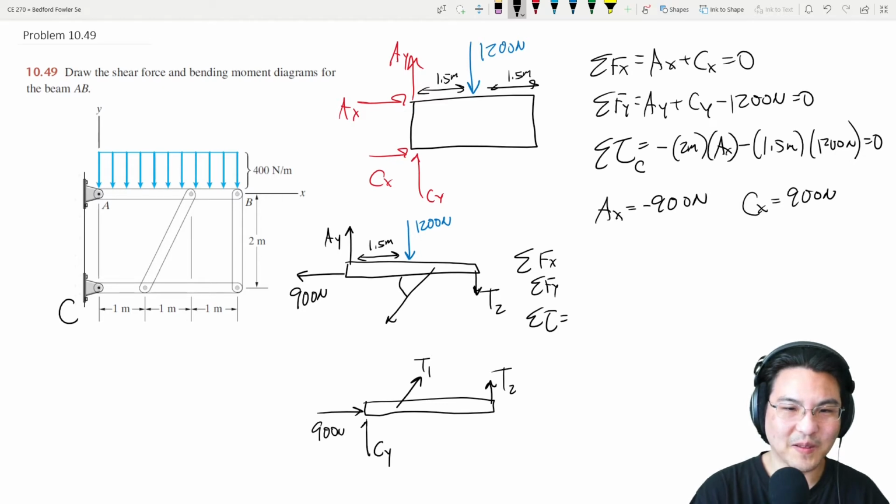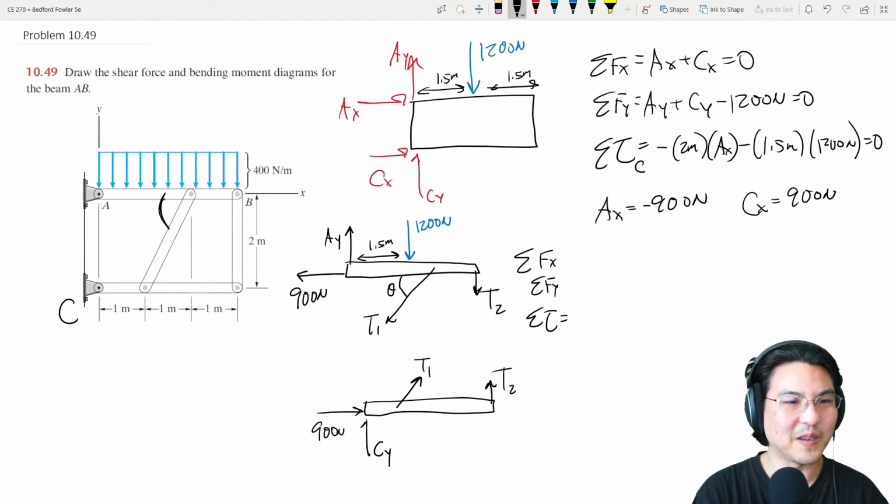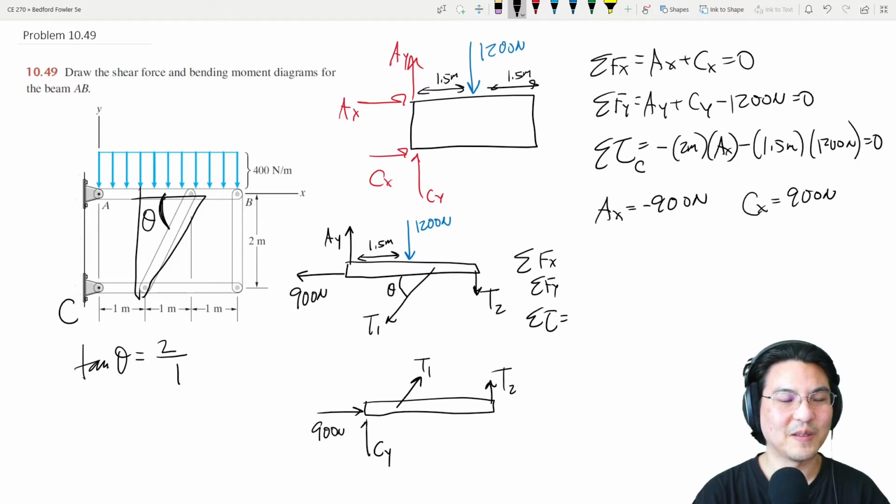Let me draw that angle right here. Okay, so that angle is actually this angle right here. And if we look at this triangle, tangent is opposite over adjacent. Okay, so theta equals arctangent of 2. So just punch that in the calculator. Now we know the angle.